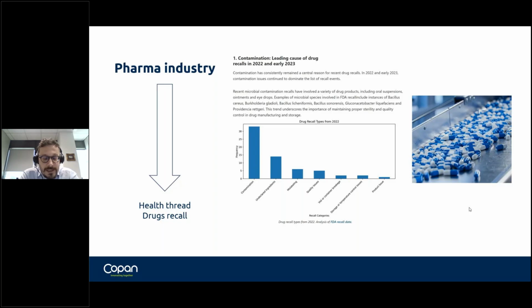If there is, for instance, a contamination of a product with a certain microorganism or contaminants in general, this may be a huge health threat to the people who are going to take that specific drug, as well as cause a drug recall, which again is a terrible and dramatic cost for the pharma industry, as well as image damage.